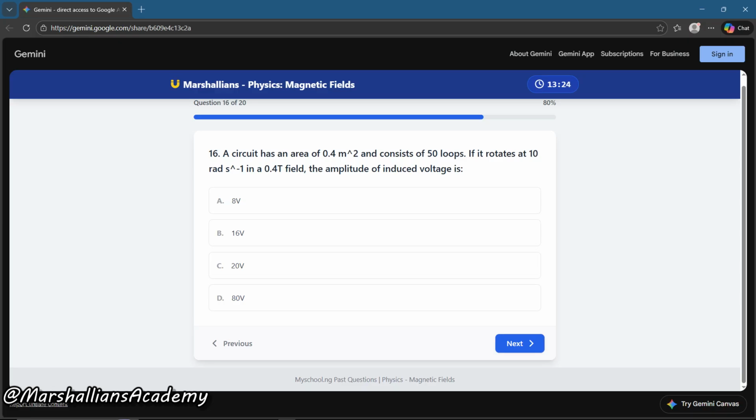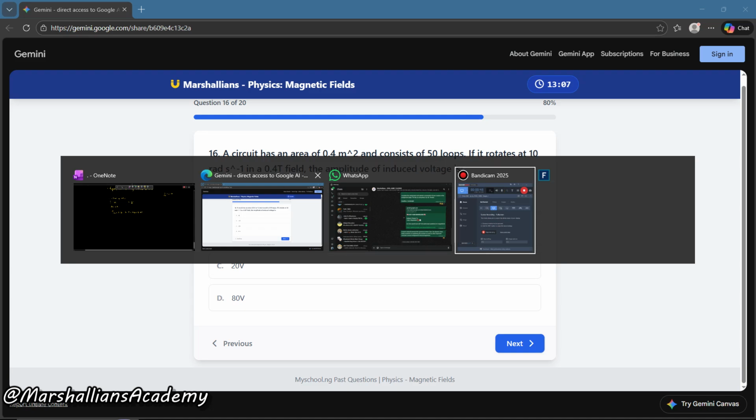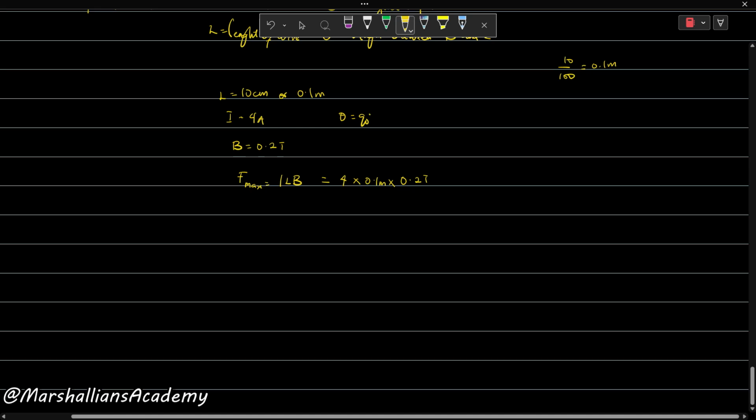Okay, they've given us area, they've given us number of loops, and they're giving us a rotation in radian per second. This is testing your knowledge on angular velocity. Don't forget, angular velocity is measured in radian per second.